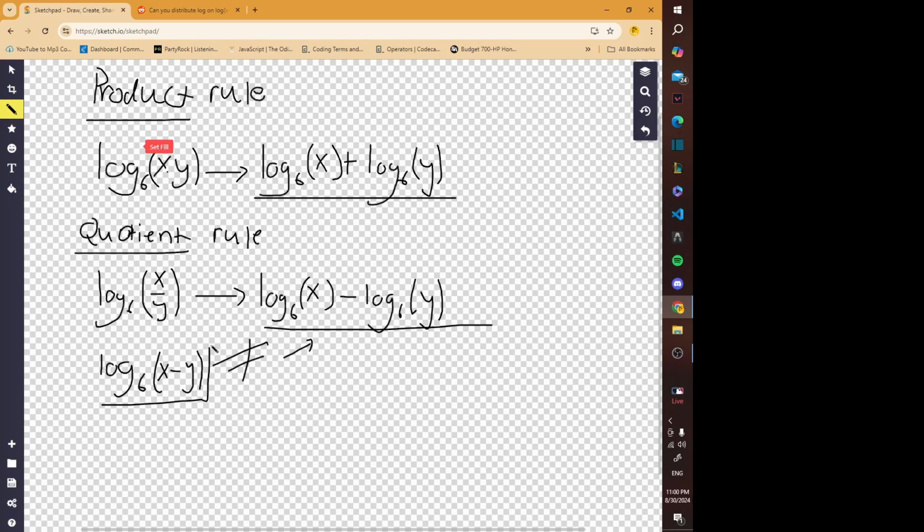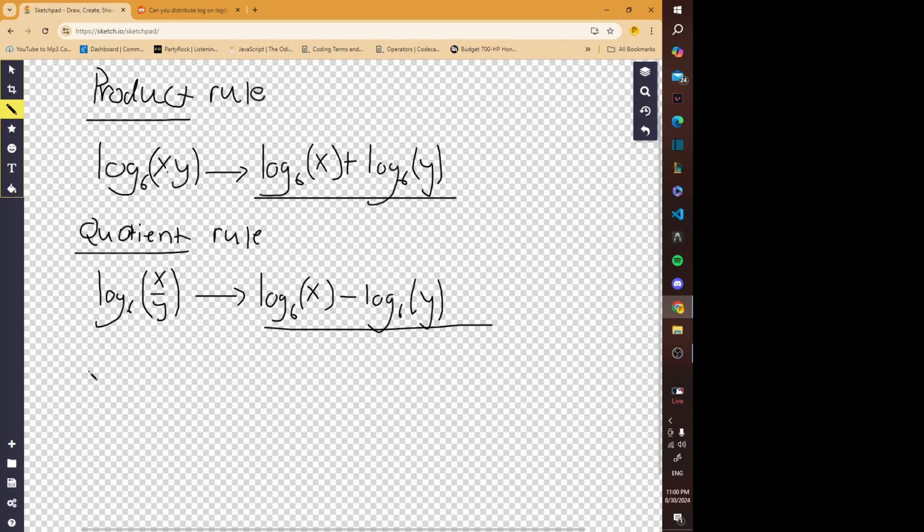Let's keep it the same here. Again, algebraically this would be incorrect. Cannot do this. Alright, that is our quotient rule right there. And I know if things seem confusing now, we're going to go through examples, so in the meantime just sit tight.